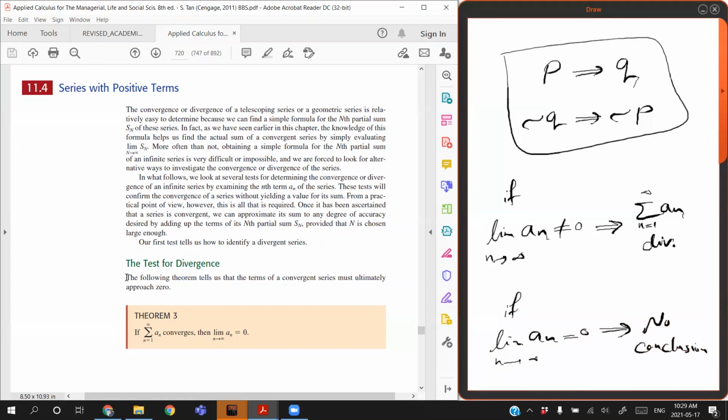That's why this is called the test for divergence, because it will tell you whether the series is divergent or not, but it cannot tell you whether it's convergent. This test is not a sufficient test to tell you whether the series is convergent. However, it can tell you whether it's divergent.